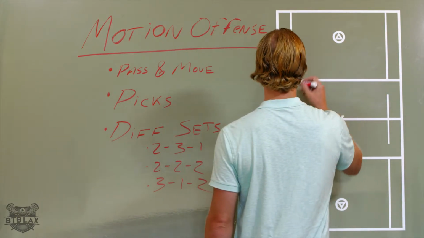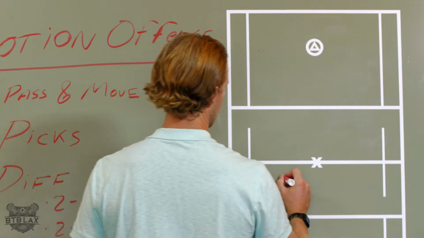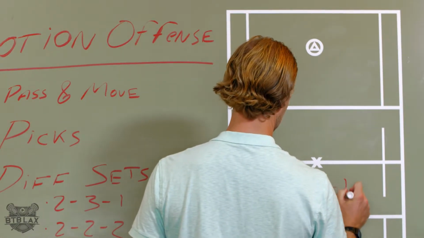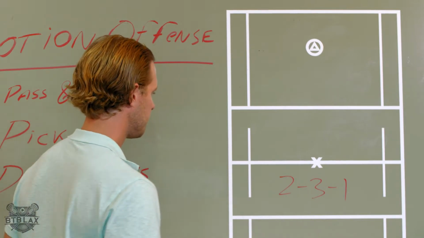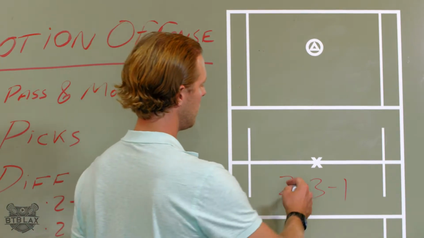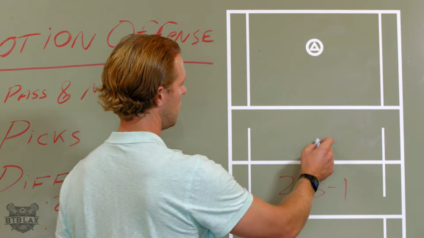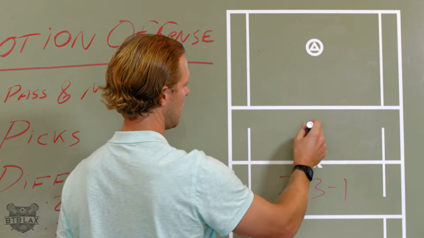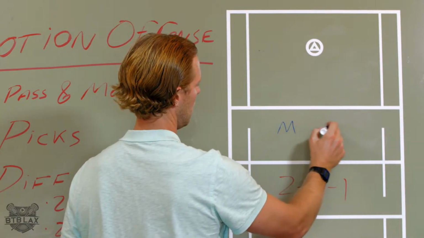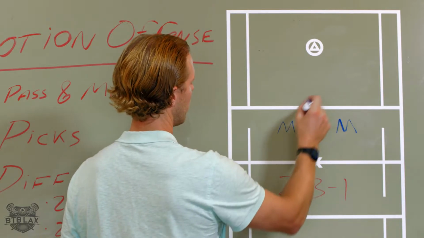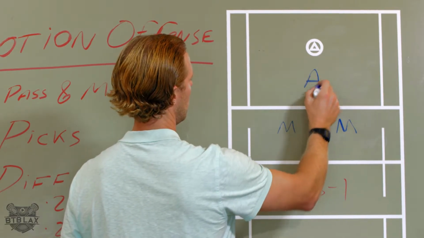So the 2-3-1. When I use this terminology, I'm always talking about from above the cage to behind the cage. So I'm talking about two guys up here, three across the middle.